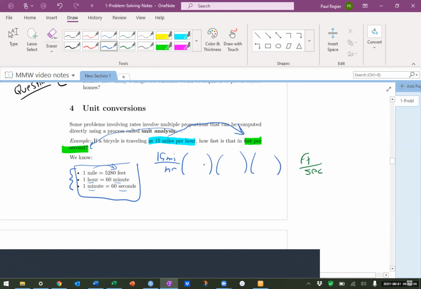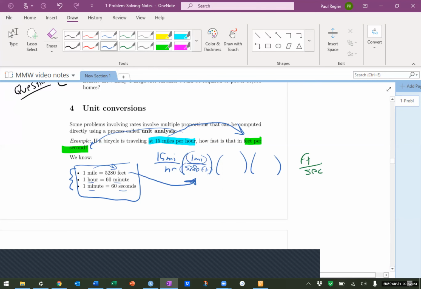Within each of these conversions, I want to use one of these items in a way so that my units cancel. So I could put 1 mile over 5,280 feet. Since these are the same, 1 mile is 5,280 feet, this doesn't change my problem.